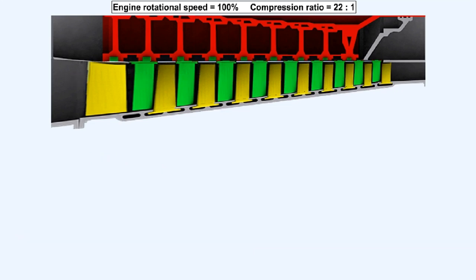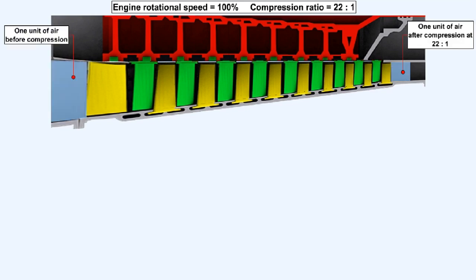If the compression ratio of this particular compressor is designed to be 22 to 1 at 100% engine RPM, then this diagram depicts the volume of a unit of air under normal compression reducing as it passes through the compressor at 100% power.